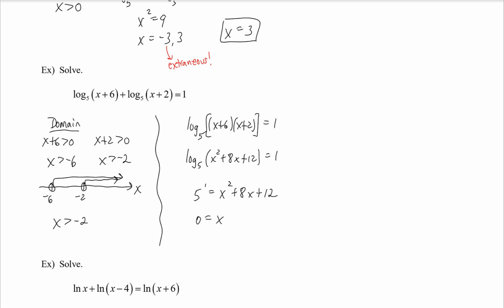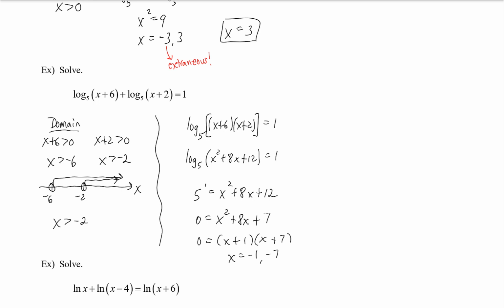And I eventually get this quadratic that has the same solution set as the original equation. So let's solve this quadratic here. And I get -1 and -7.